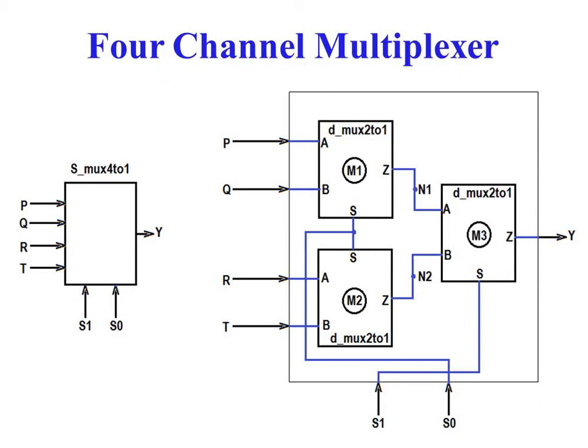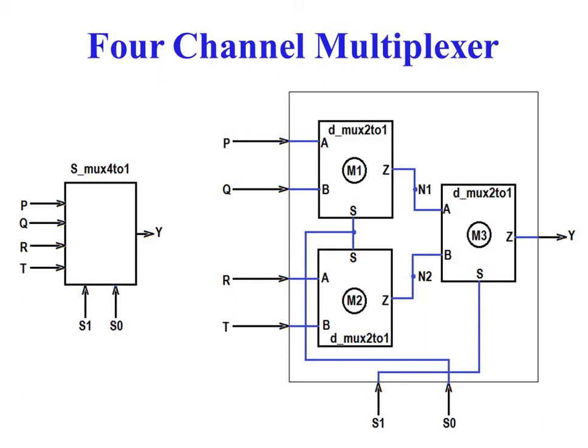On the left side of the screen, the external view of the 4:1 multiplexer is shown. The module is named S_MUX421. That letter S denotes that the style of modeling is structural modeling.